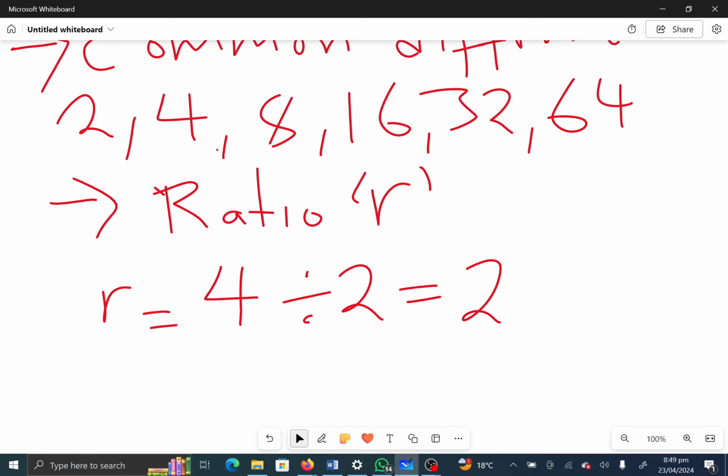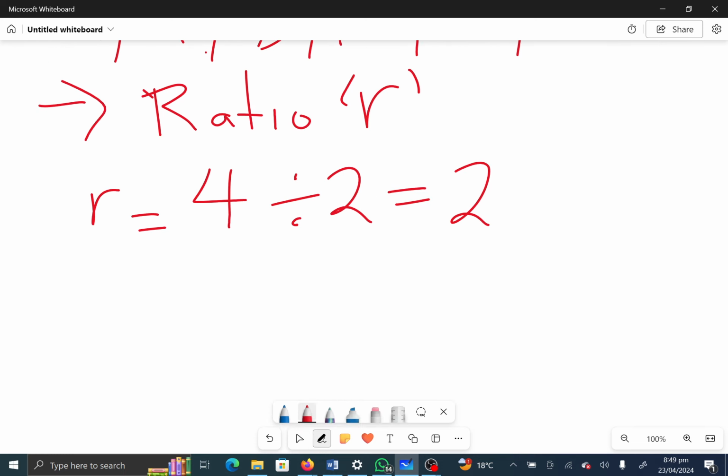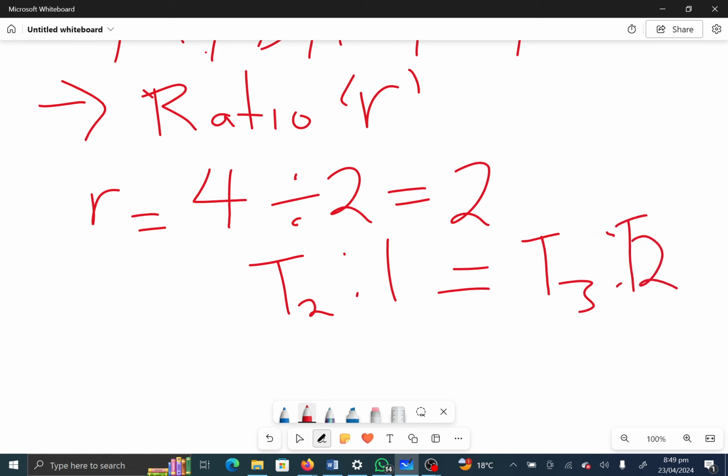In other terms, the ratios vary in terms of 2 to 1 or 3 to 2, which is the T2.